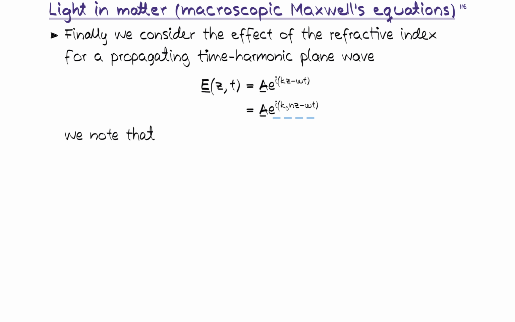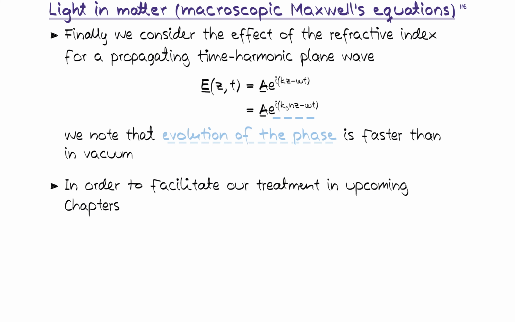So here I see that the phase evolution is actually faster for light here than what it was inside vacuum. And this is something that is actually quite important, because when we are looking into phase evolution, interference effects, diffraction, and different components based on interference, we really should be knowledgeable about this, so that we must be able to calculate the phase of my field.